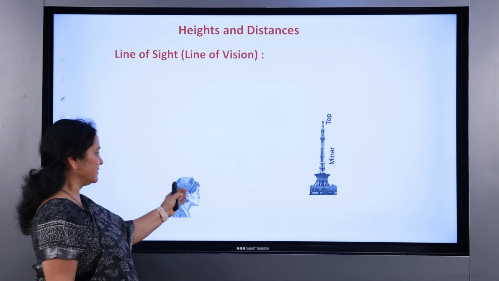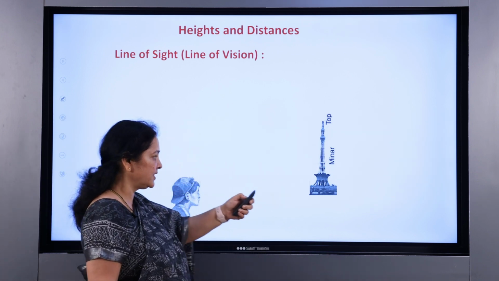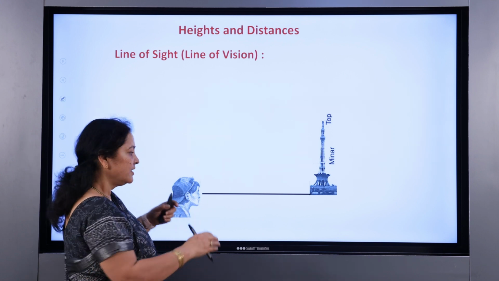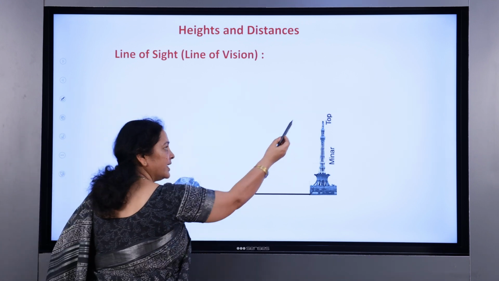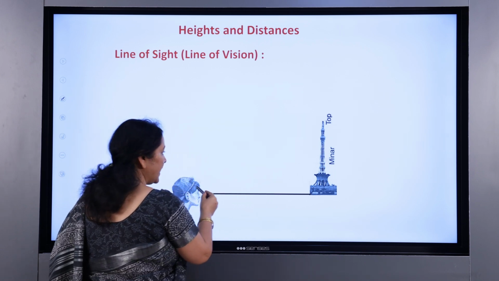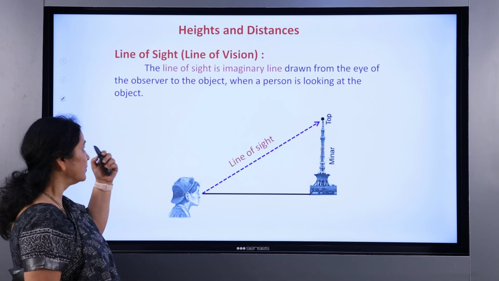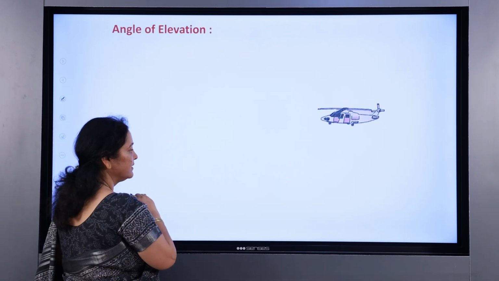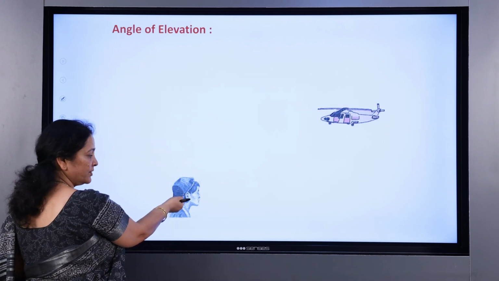Just look into this one. Let's say we are observing from here and there is some object right opposite to it. The height of the person or the observer is neglected. So through the eye, we just call this the horizontal line. Imagine an imaginary line joining the top and the eye, which is called the line of sight. Now, let's say we have a plane and we are trying to look at the plane standing on the ground.